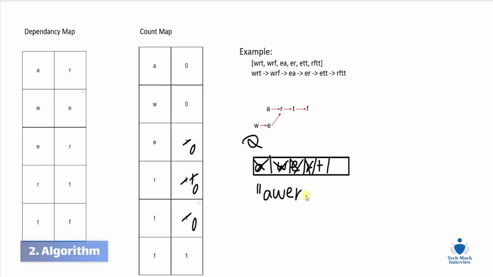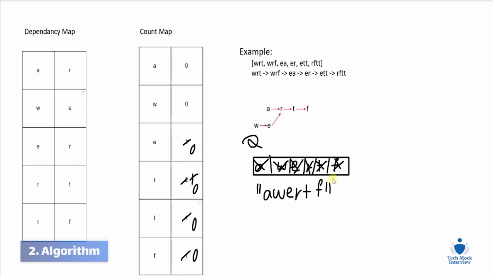We have to add T to the string here and then pop it out of the queue and then look at its dependencies, which we know here is F, and decrease it by 1, add it to the queue, and repeat the same thing. Add F, and it's our last letter.